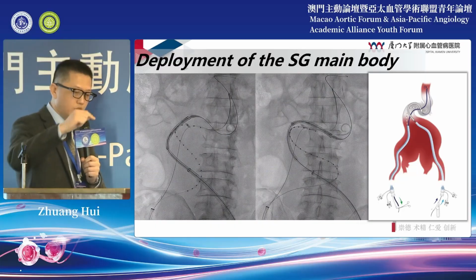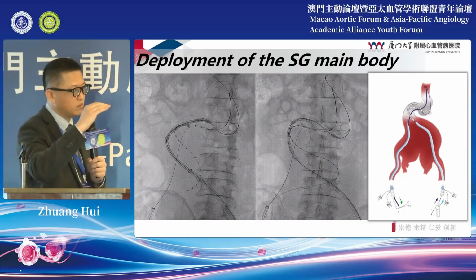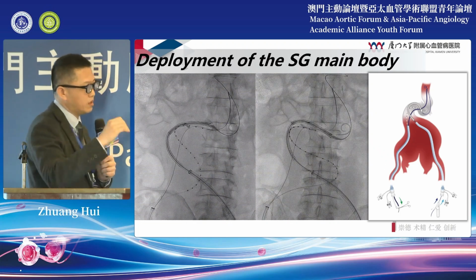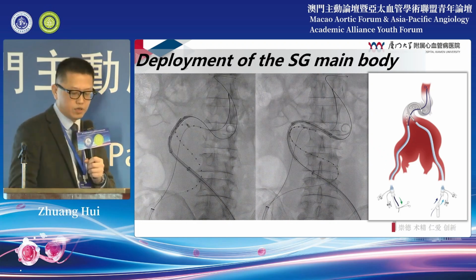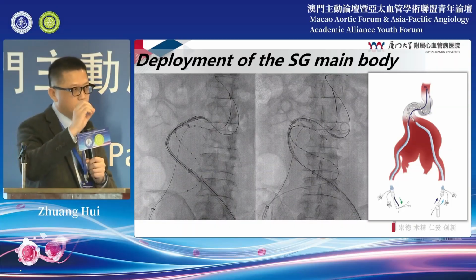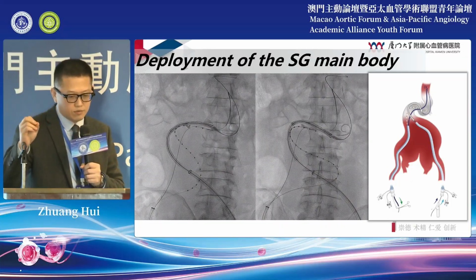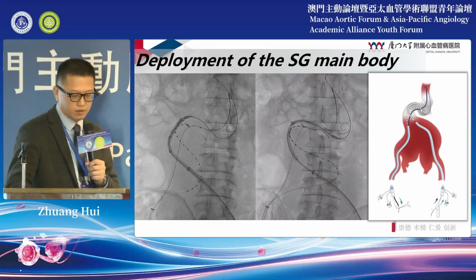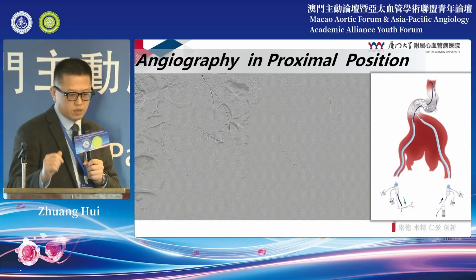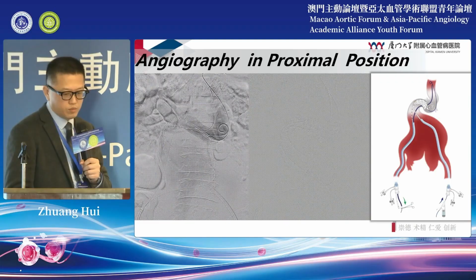You will see, when you deploy this stent graft, it will follow the big curve of this aorta, and see the shape and the central line of the aorta and the guidewire were totally aligned. Then we deploy it, and do the angio to check the proximal position.